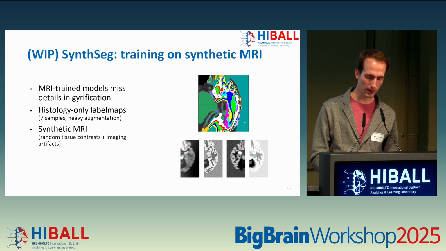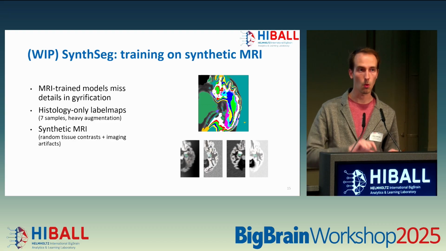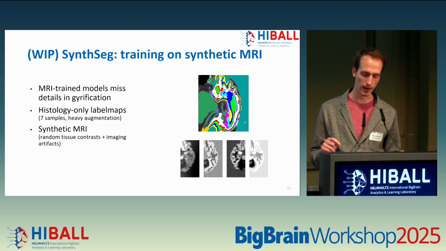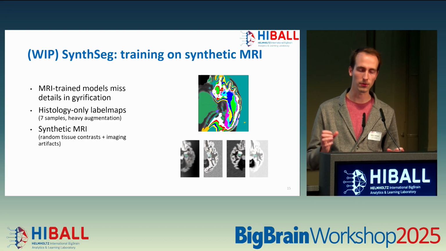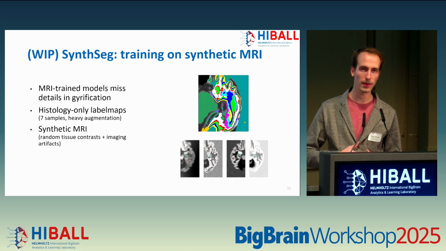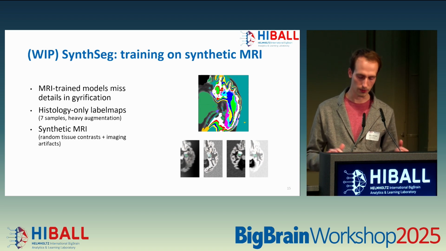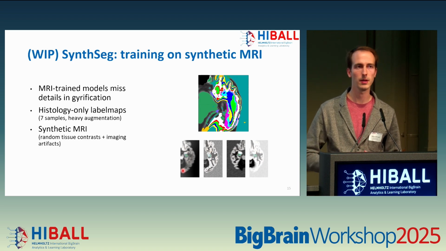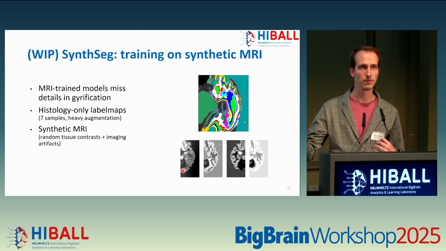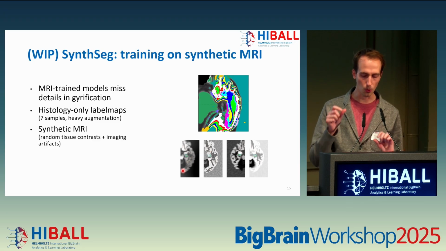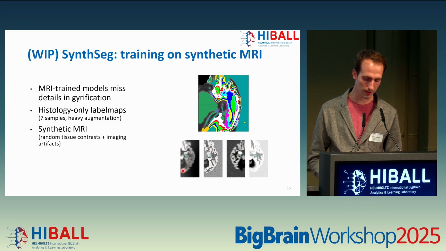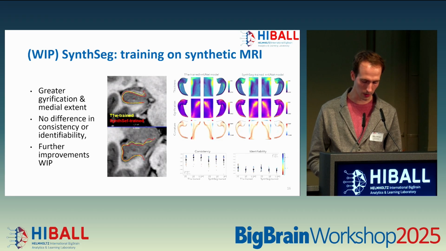So we are trying to train a model using only extremely high resolution data derived from histology, where we have lots of folding. We hope that we can create a bunch of synthetic MRI images at the bottom here and achieve even more. We're basically asking the model to hallucinate some folds into a hippocampus that's hard to see otherwise. So we're still testing that, and we'll see how it works.